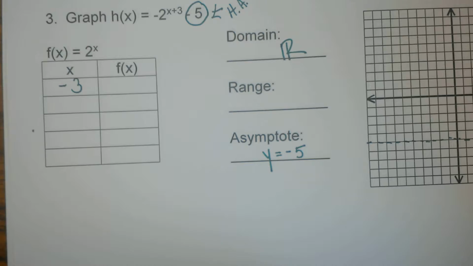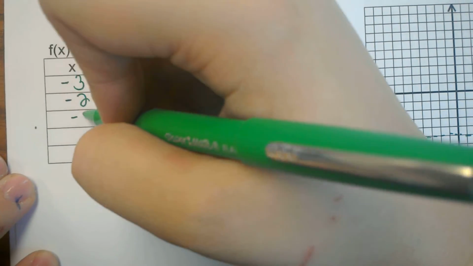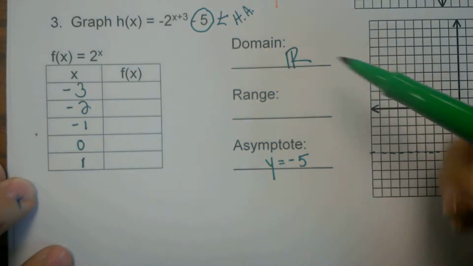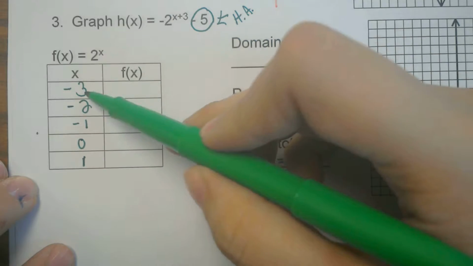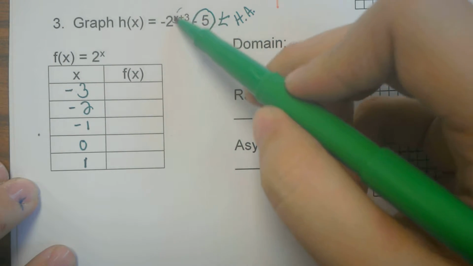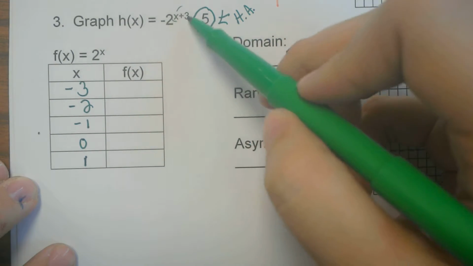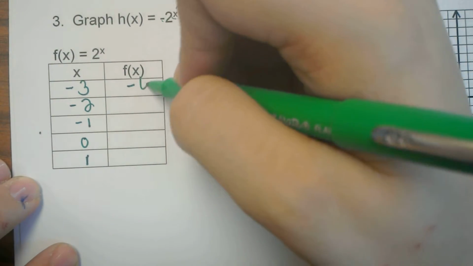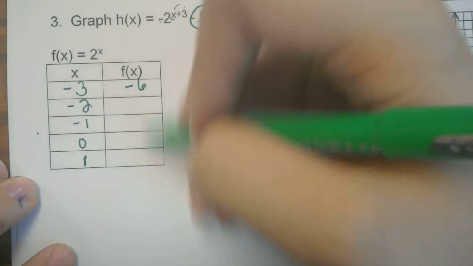To start my table at -3. And so if I put in -3 for x, that would make my exponent be 0. So -2 to the 0 is -1, minus 5 would be -6. Which you could just put this in the calculator and find a table.